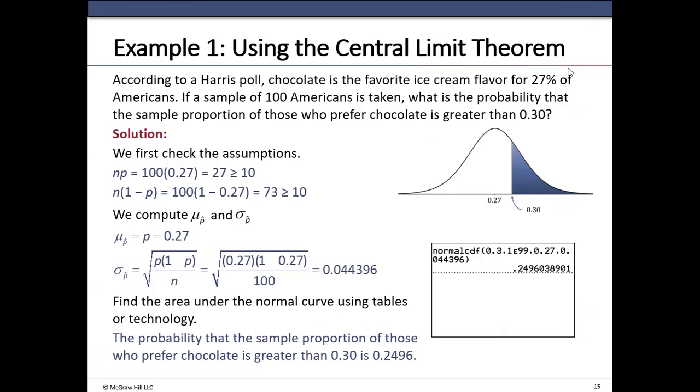It is the square root of 0.27 times 1 minus 0.27, divided by the sample size 100, which is equal to 0.04439. Now we want to find the probability on the right, or the area under the normal curve to the right of 0.3.